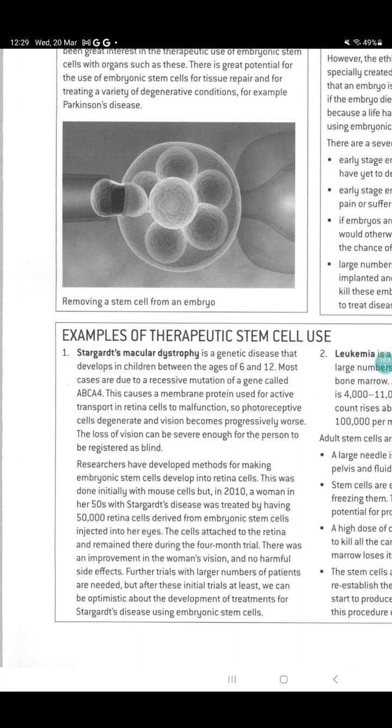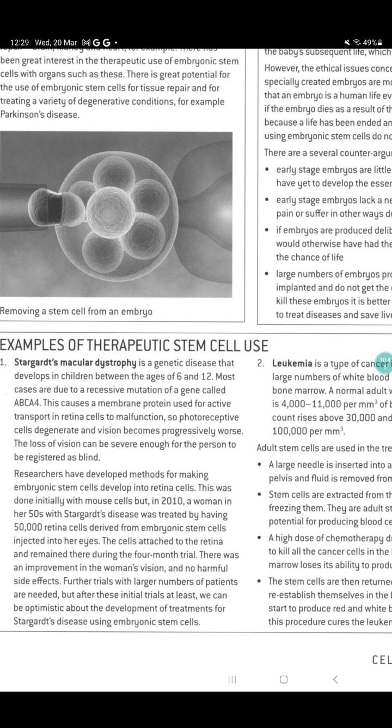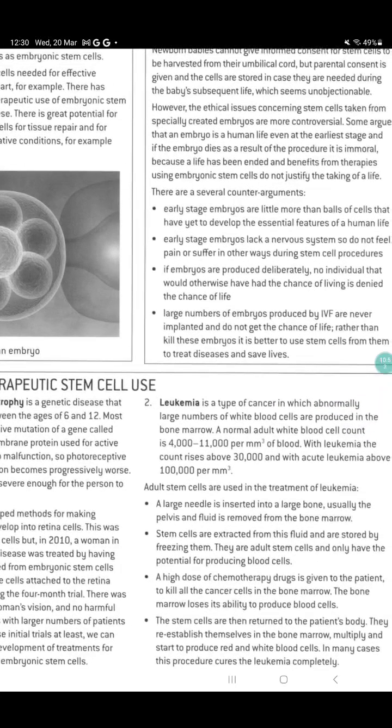Further trials with a large number of patients are needed, but these initial trials are encouraging for the development of treatment for these types of disease with the help of embryonic stem cells.